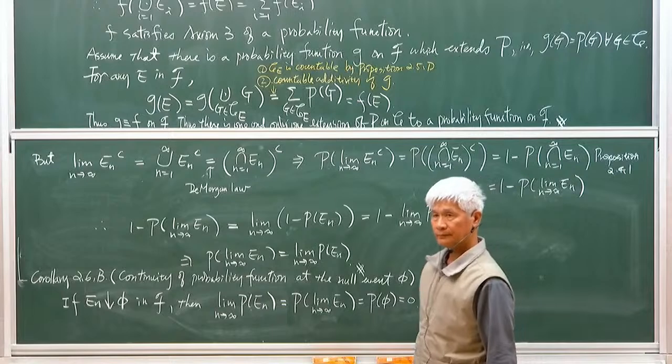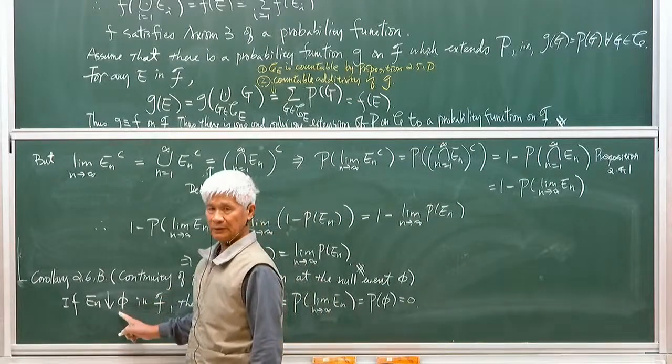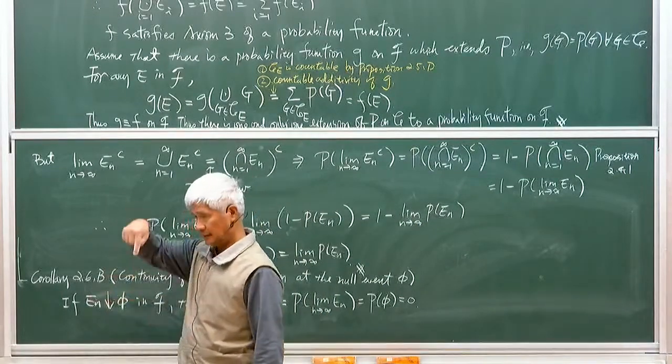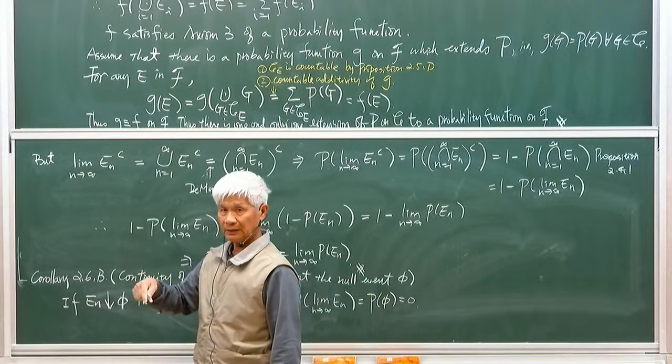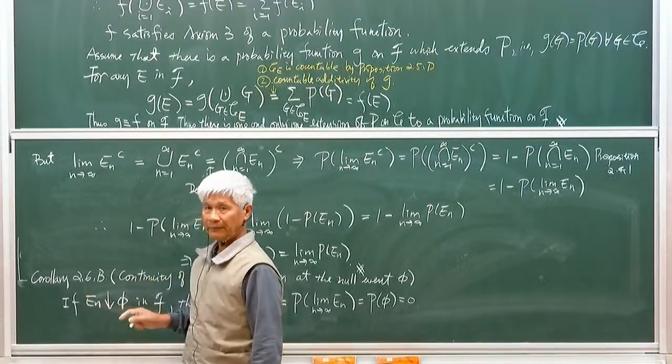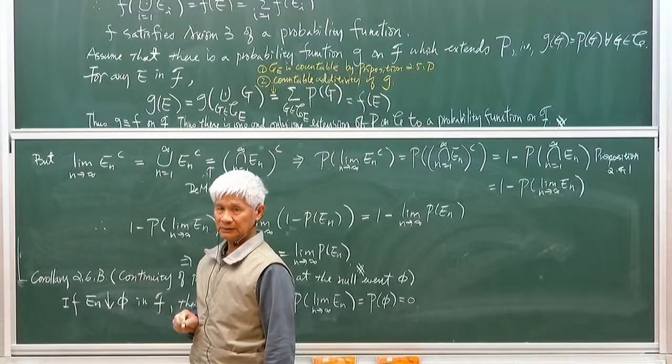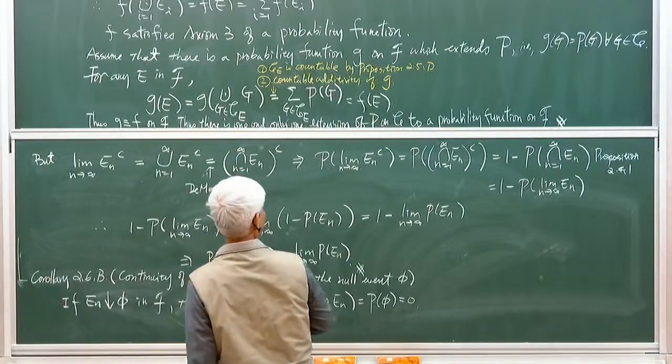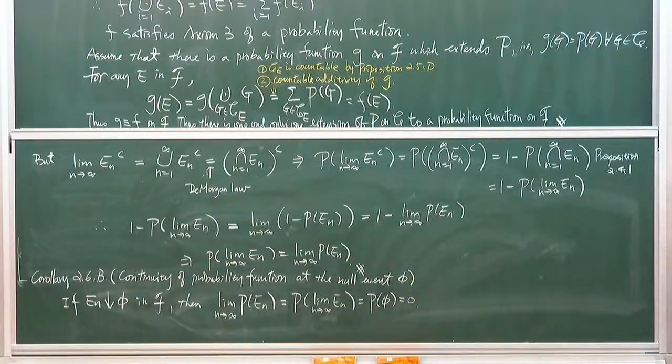En is decreasing to the empty set, which means that En is a decreasing sequence of events and that their intersection is the empty set. The limit is defined to be the intersection here in the notation, because it's a decreasing sequence of events.